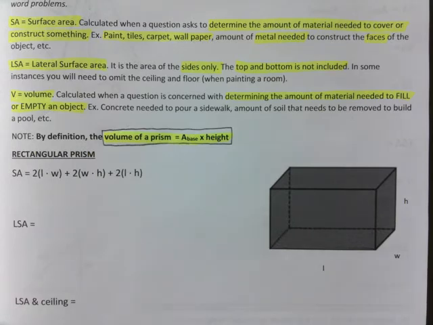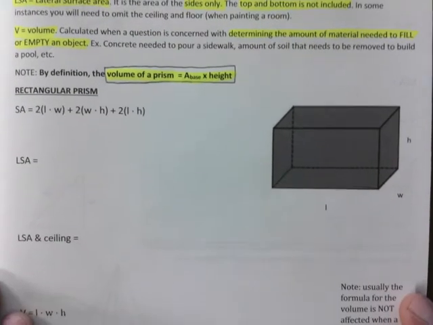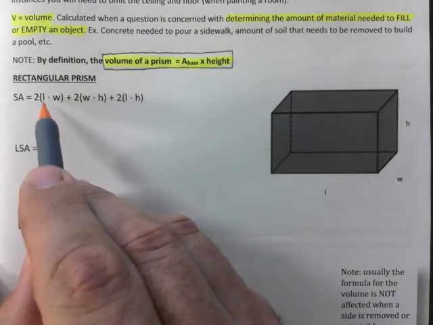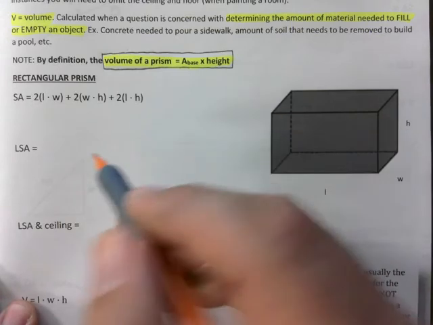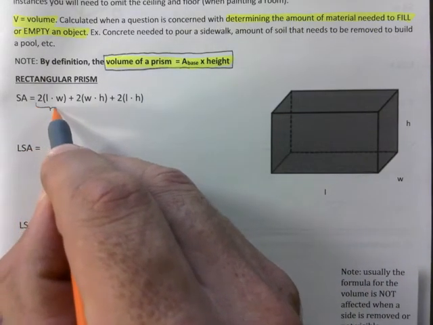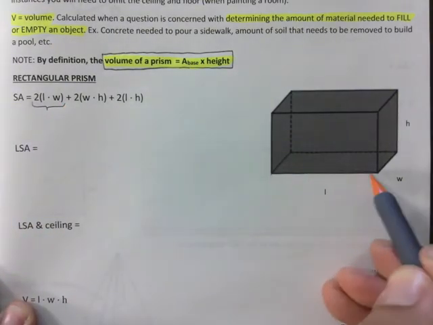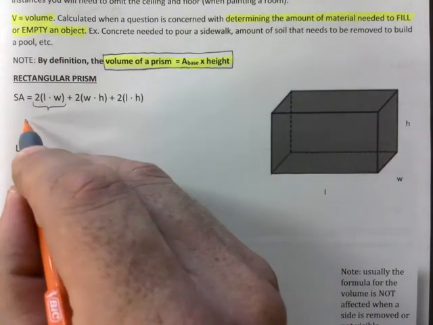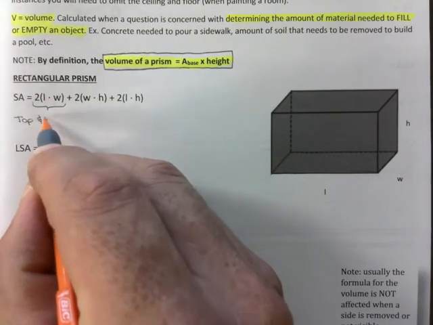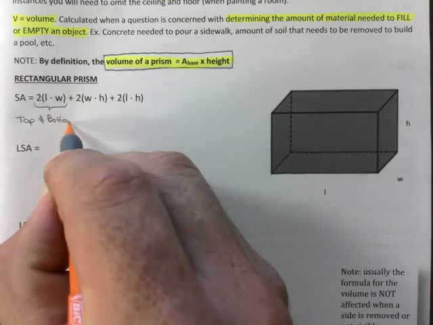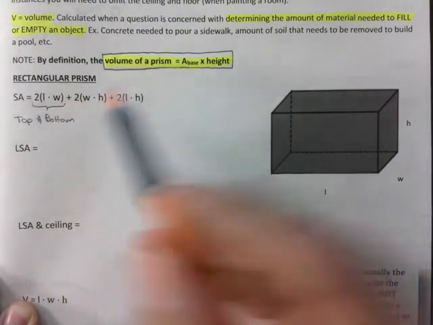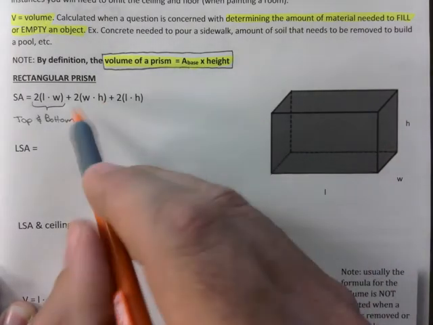Okay, so if you're given a rectangular prism, that's the most common, the one we're most familiar with. The surface area is 2 times length times width, and so forth. I want you to know that this part right here, length times width, is the top and bottom. Width times height is the sides.